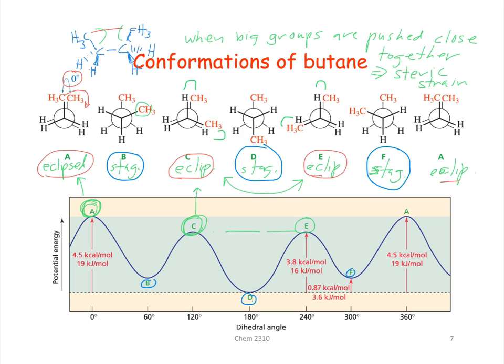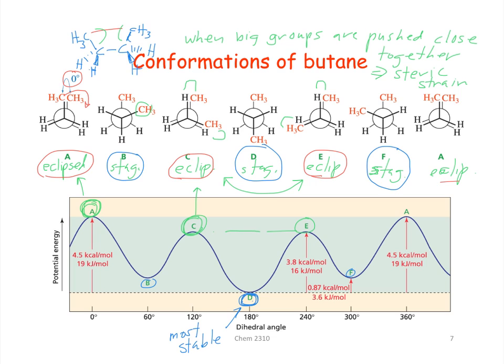But we have one staggered conformation, D, which is the lowest of them all. Notice that B and F are the same, and D is the most stable. So why would that be?